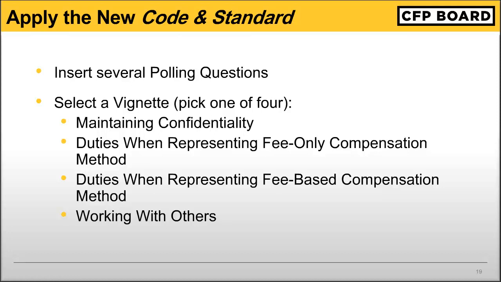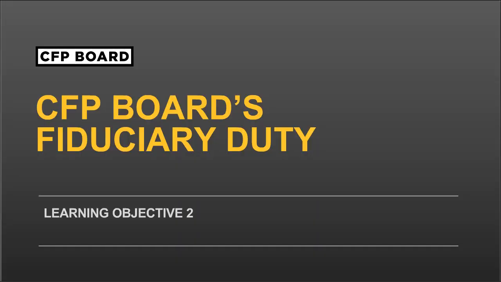And also as well, we had a number of vignettes pulled together. These vignettes are relatively short, but they are very specific to the information that is covered under this learning objective. So we're asking you to pick one of these four. And however you choose to present the vignette, again, the idea here is to get the audience involved and get them thinking about what we've just talked about and what we just reviewed.